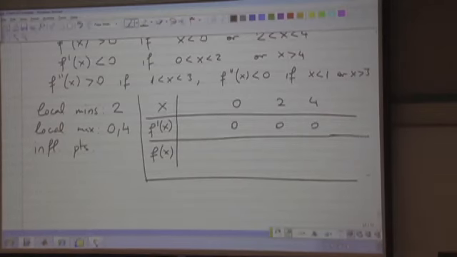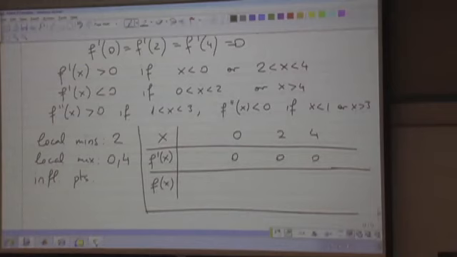Now, what do I know from my information? f prime is positive before 0 and between 2 and 4, and it's negative between 0 and 2 and when it's bigger than 4. Right? Which means my function is increasing, decreasing, increasing, decreasing. Is this better to recognize where a function has minimums and maximums? Yeah?